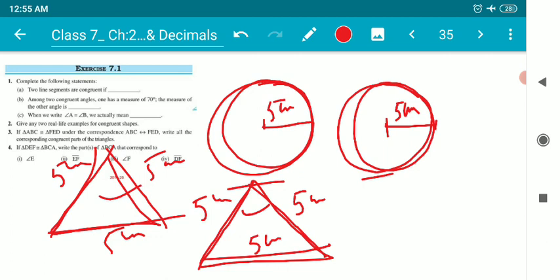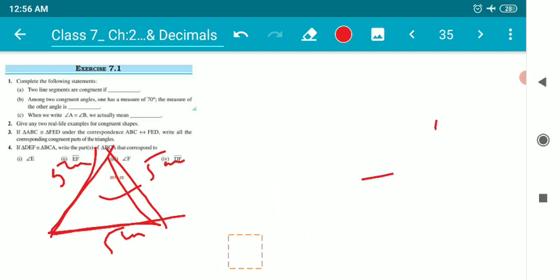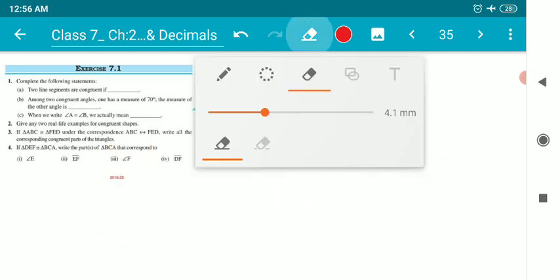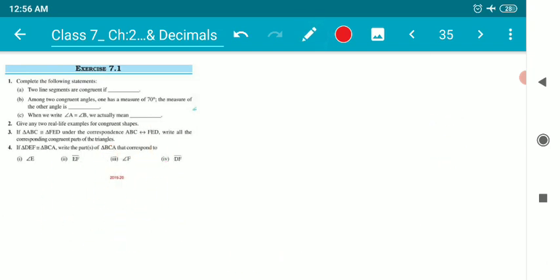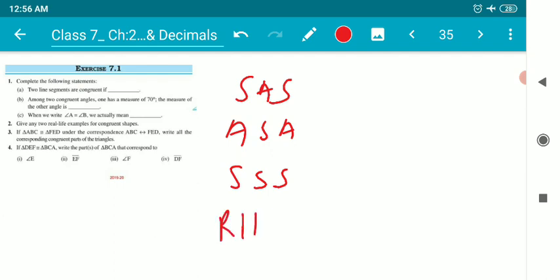All right. So there are some properties, children, by which we can understand the rules of congruence. I will be teaching you the rules of congruence in detail in the next video: side angle side, SAS, then angle side angle, next is side side side, and next one is RHS, meaning right angle, hypotenuse and one side.